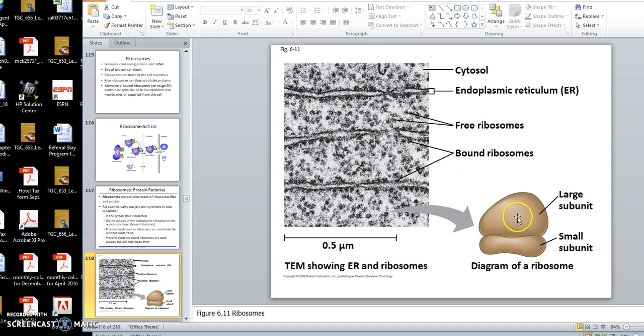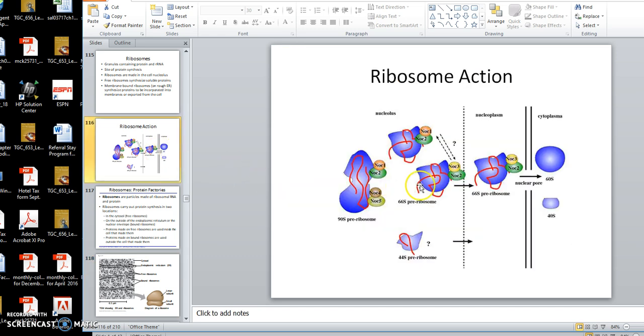Now, the ribosome is made in the nucleolus in two components, a small subunit and a large. Listen to me, a small subunit and a large. So it's being made in the nucleolus, then it exits into the nucleoplasm, and then exits through the nuclear pore.